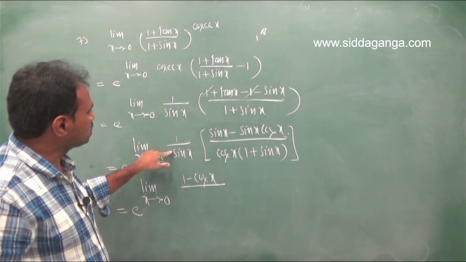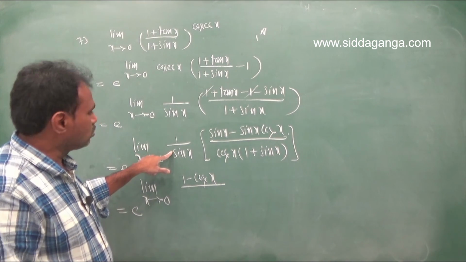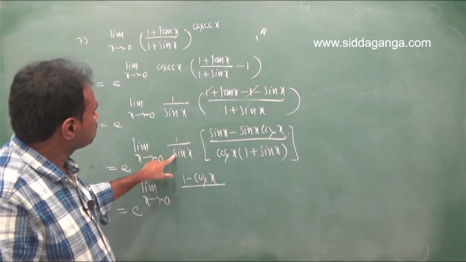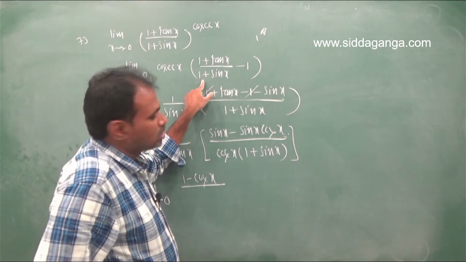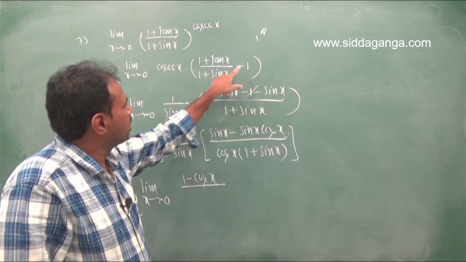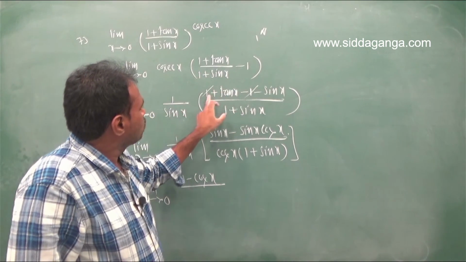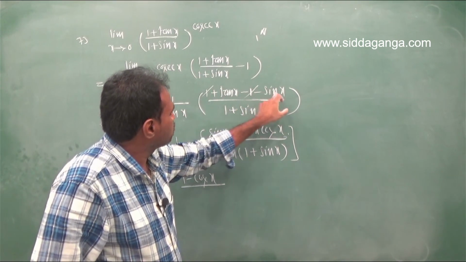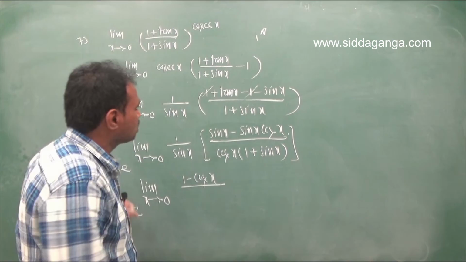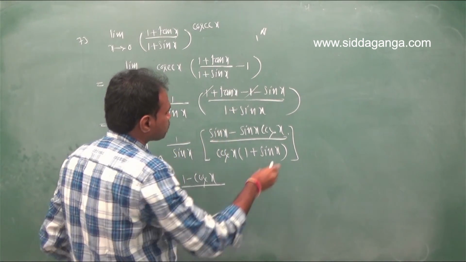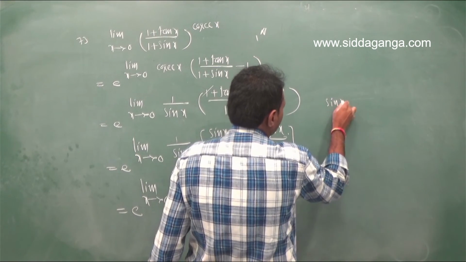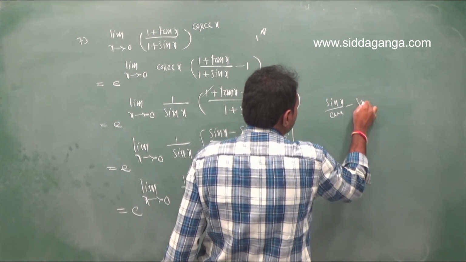Cosecant x, 1 by sin x, into (1 + tan x)/(1 + sin x) − 1. Therefore, (1 + tan x − 1 − sin x)/(1 + sin x). Therefore, 1 can cancel, sin x by cos x minus sin x.